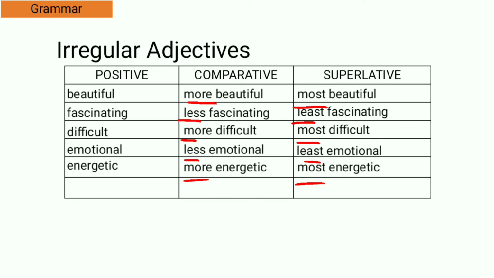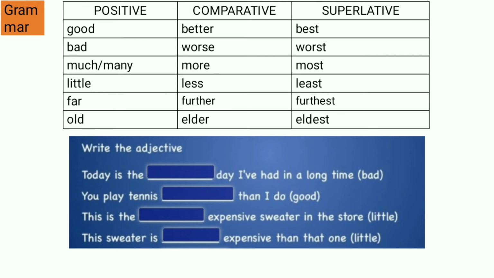And so I have another example here. Look at the box above as your guide, and then let us try to answer the following sentences. Number 1, today is the blank day I've had in a long time.